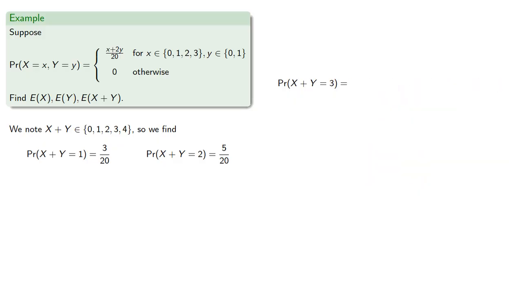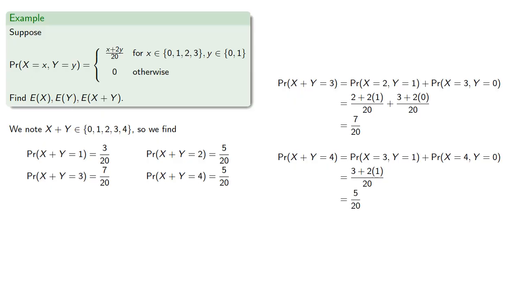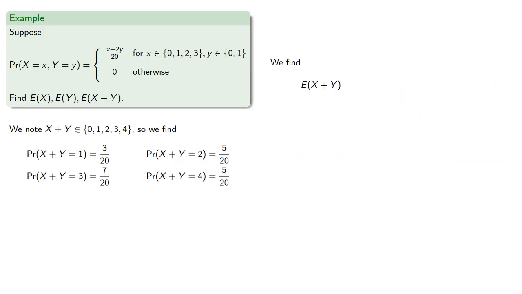X plus y equals 3, the outcomes that make up that event. X plus y equals 4, the outcomes that make up that event. And that gives us our expected value.